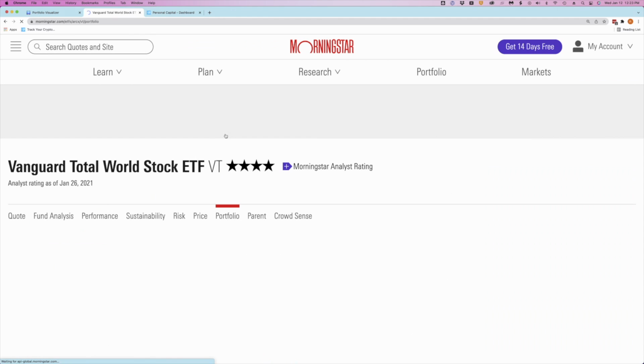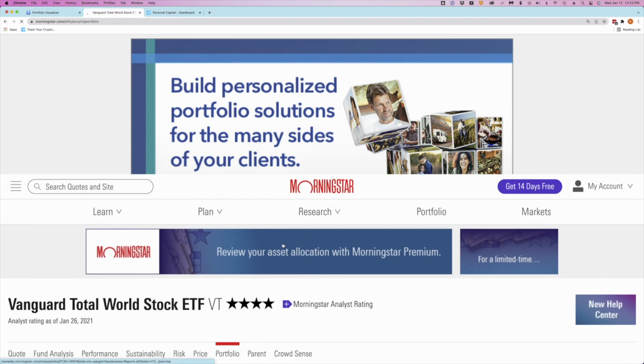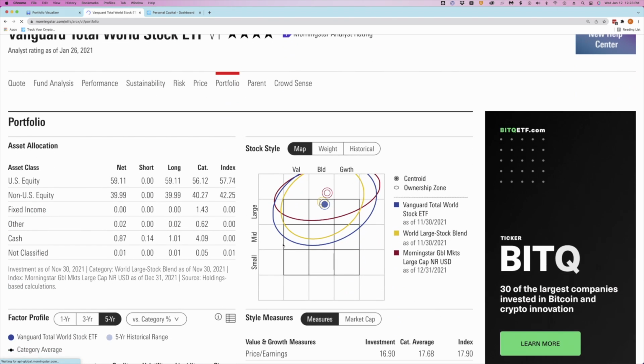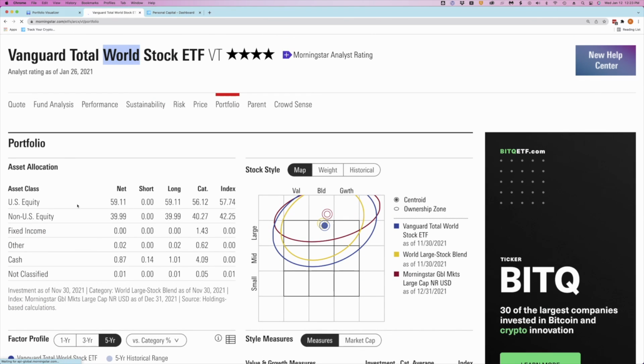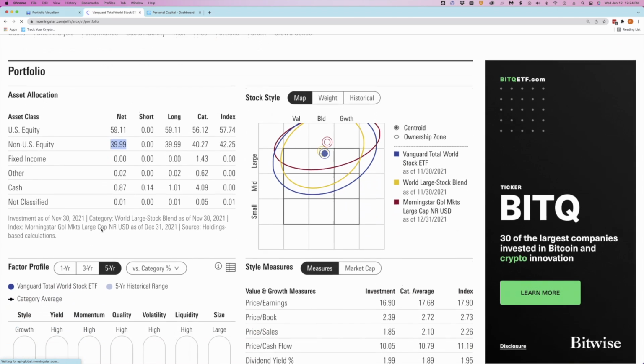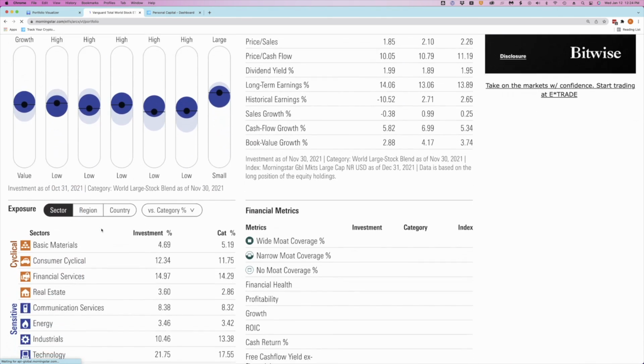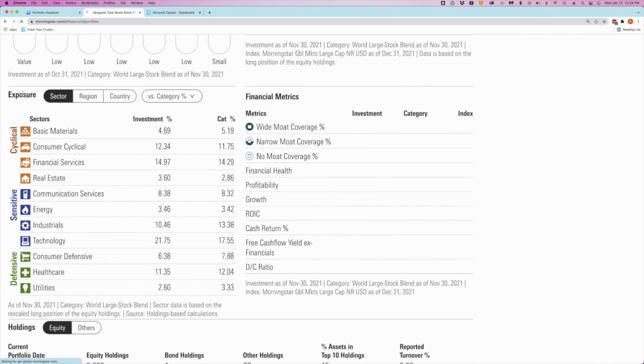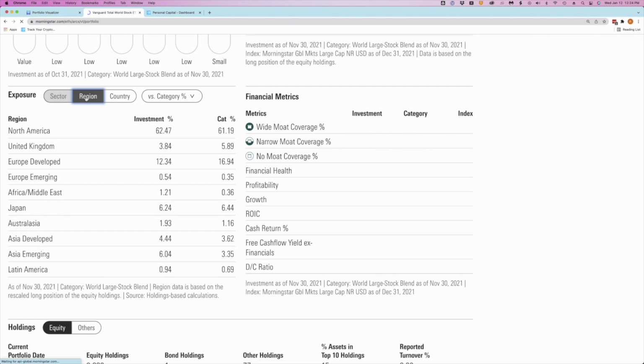And now we go to the portfolio and we can see what it invests in. And we can see, just like the name suggests, it invests all over the globe. 60%, as you can see here, is in US equity, and 40% is in non-US equity, or international. And we could even dive into more detail. We could come down here under exposure and look at region and see the different allocations, or we could even do it by country.